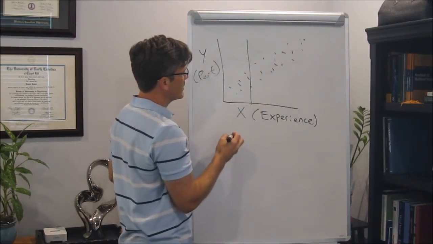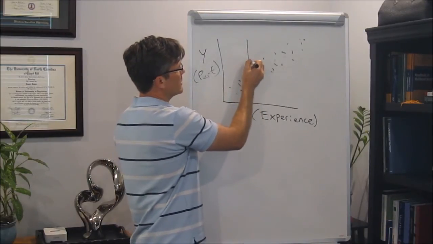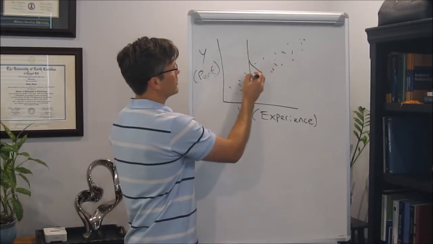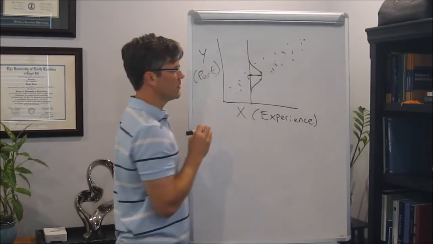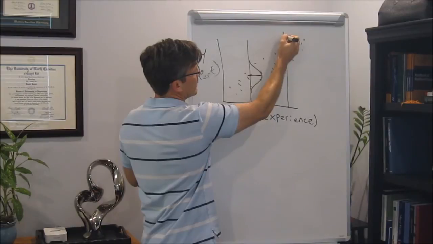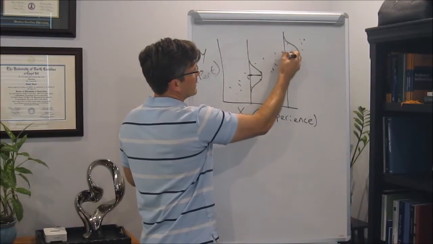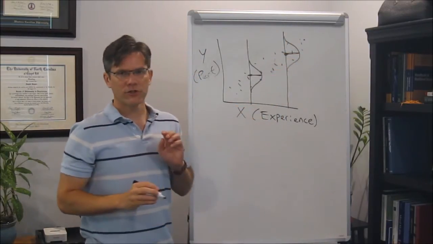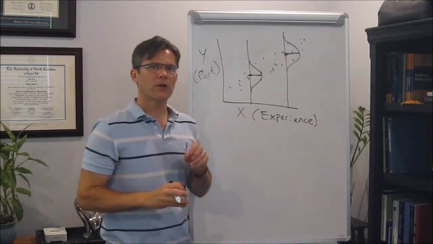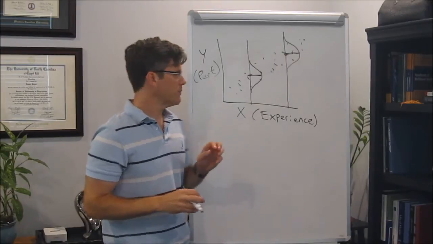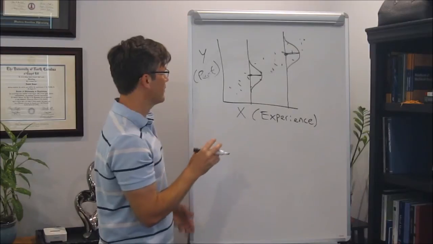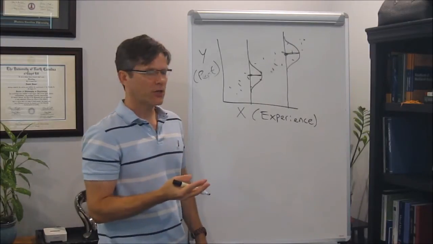So we could say for this particular level of experience, there's going to be some distribution of values for performance, and that distribution of values is going to have some average level right there. And then if we took another cross-section right here, again, we would get some distribution of values, and that distribution would have some average level. So we can't predict exactly where any particular individual score is going to be, but we could say something about where we expect it to be, where the average level of performance would be as a function of experience.